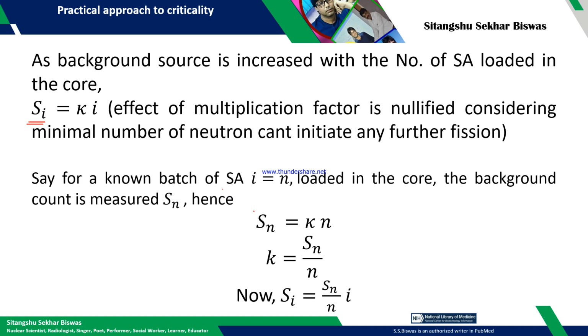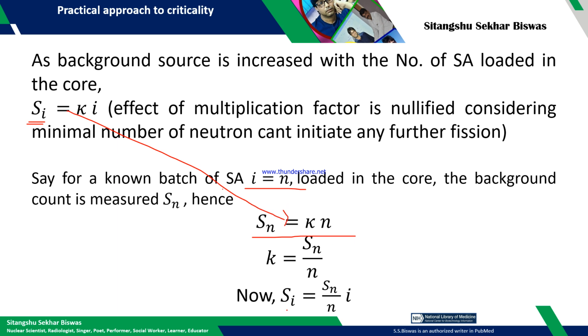So during the initial loading, a known batch of subassemblies, say I is equal to n, is loaded in the core, and the background count Sn is measured. Then I can write from this equation that the constant k is equal to Sn by n.